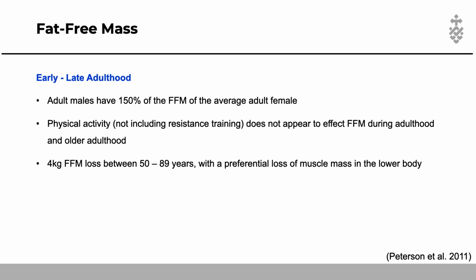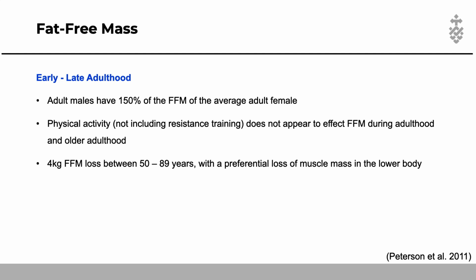Now, in contrast to childhood and adolescence, physical activity in adulthood has very little effect on fat-free mass. So, unfortunately, you can't go to the gym as a 40-year-old and expect to walk out as an Adonis. That might have been possible in adolescence, but the critical time has passed now.